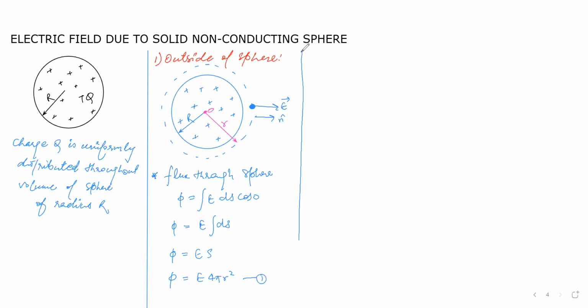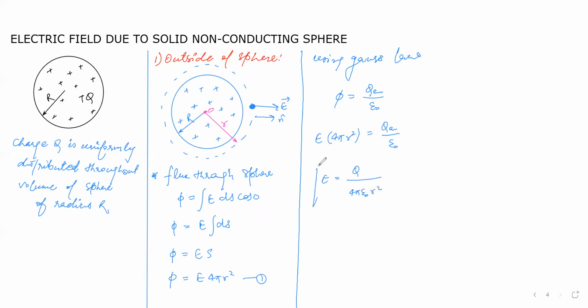Using Gauss law, phi is equal to Q enclosed over epsilon naught. So E into 4 pi r square is equal to Q enclosed over epsilon naught, which gives E equal to Q over 4 pi epsilon naught r square. This is the value of electric field outside of the sphere.